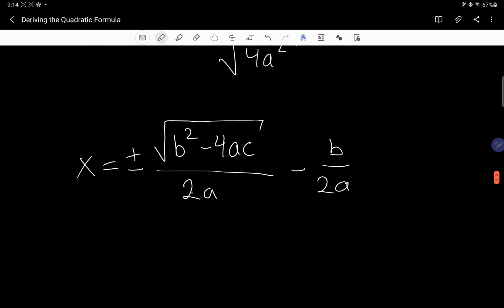And since these two fraction terms both have a 2a in the denominator, we can combine them into one fraction with a denominator of 2a.